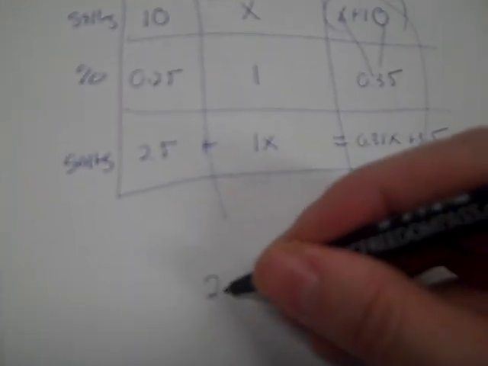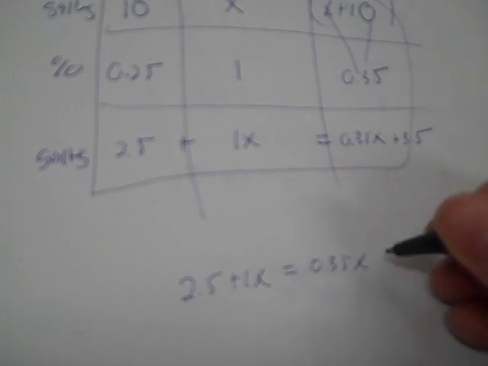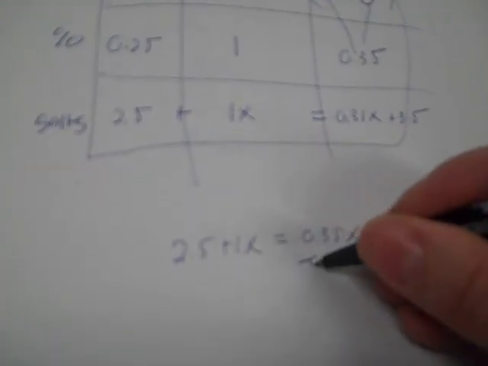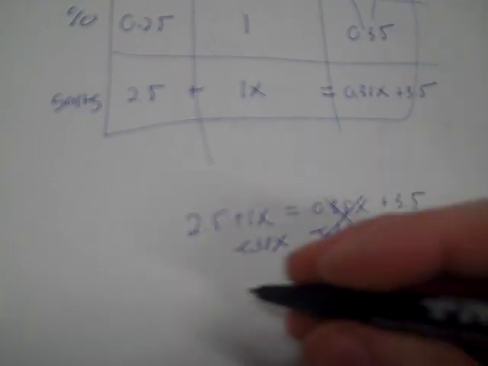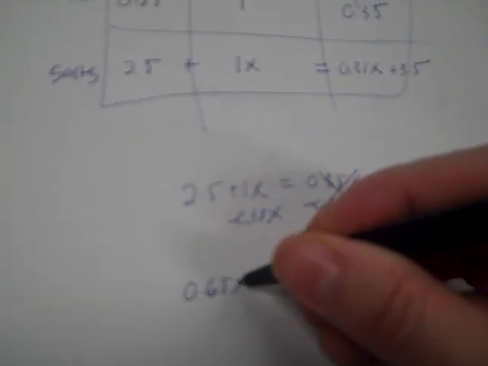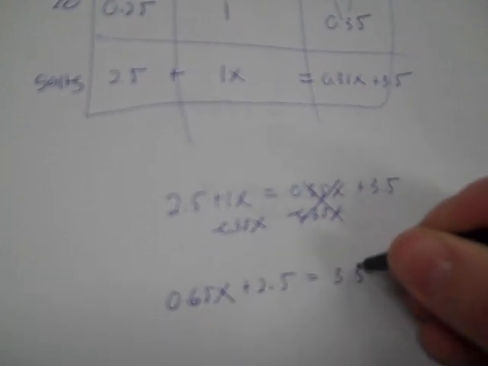So the equation is 2.5 plus 1x equals 0.35x plus 3.5. So I subtract my 0.35x, and that gives you 0.65x plus 2.5 equals 3.5.